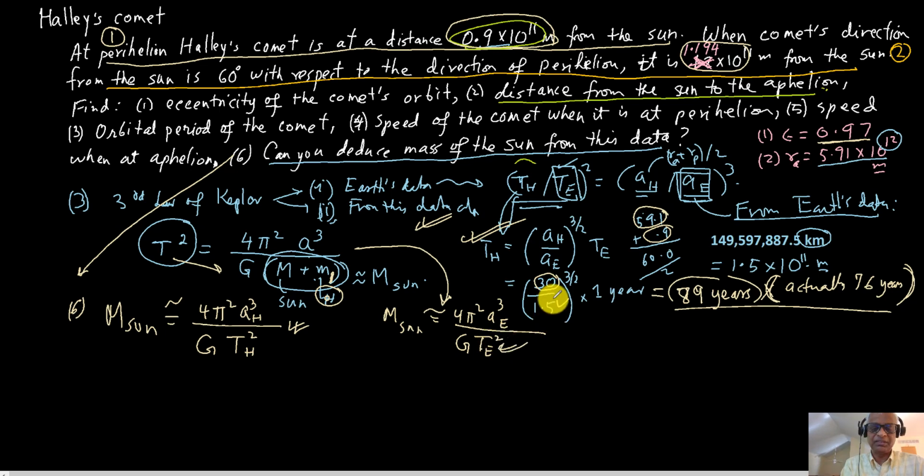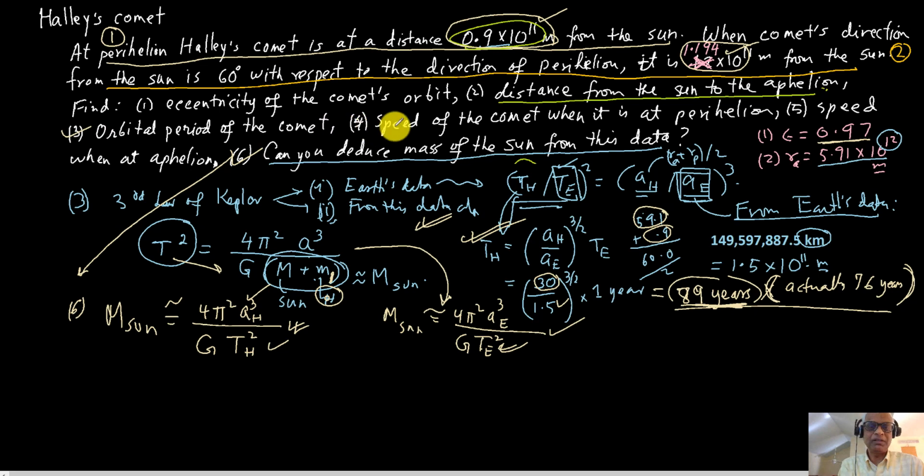So this one we have much more accurate, and this one of course came out a little bit off, almost 13 out of 76, like 20% off. That's a lot off because of my using a little bit wrong numbers. Okay, so this is how you can get the sun's mass, and you can plug in the numbers and they will be off just like this was off because we're using off numbers. Okay, so we've done 6 and we've done 3.